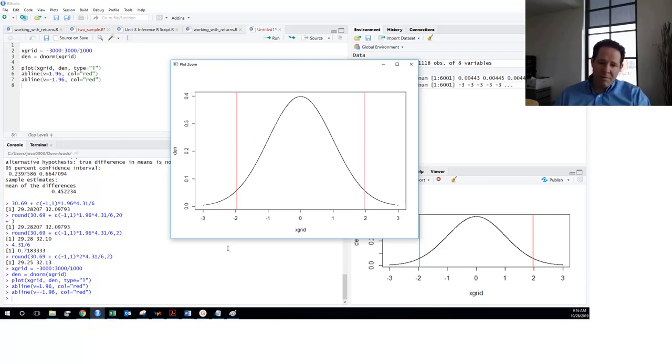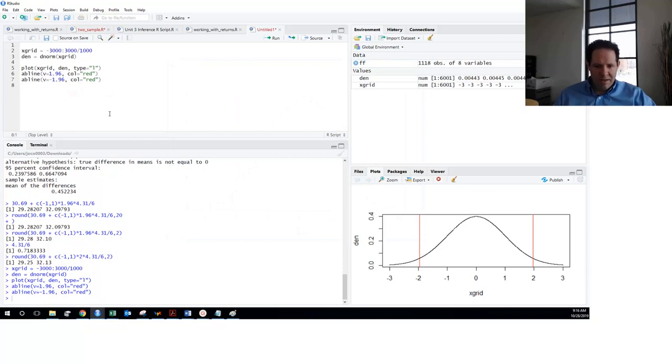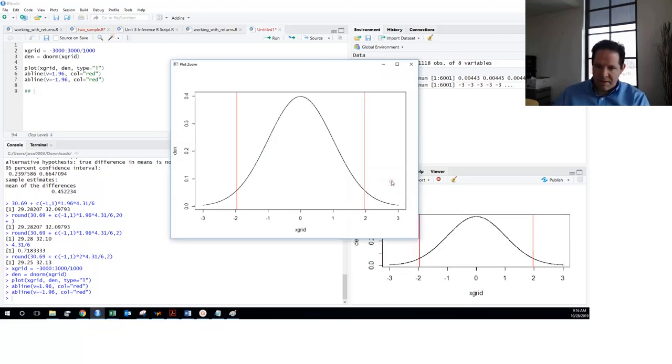So it'd be nice to be able to quantify this bottom percentile. How can I do that in general? Ideally, I'd like to find the fifth percentile of my return distribution.